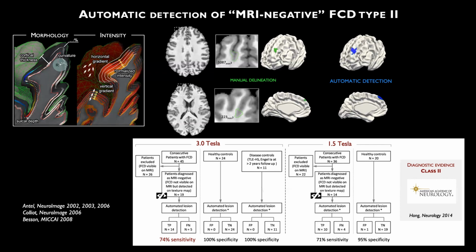To minimize incorporation bias, our classifier, trained on 3 Tesla data, was tested on independent cohorts of patients and controls examined at 1.5 Tesla. Classification in this dataset yielded virtually identical results.